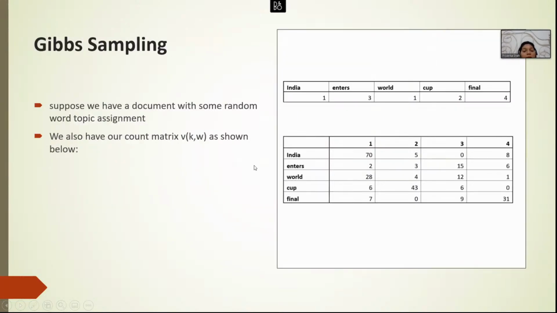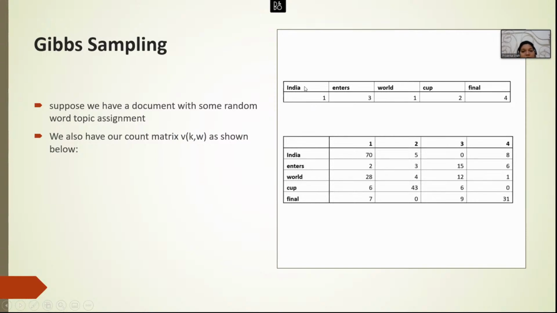Okay, and to understand that with the help of an example, let's say we have a random sentence, "India enters World Cup final," and each word has been categorized.